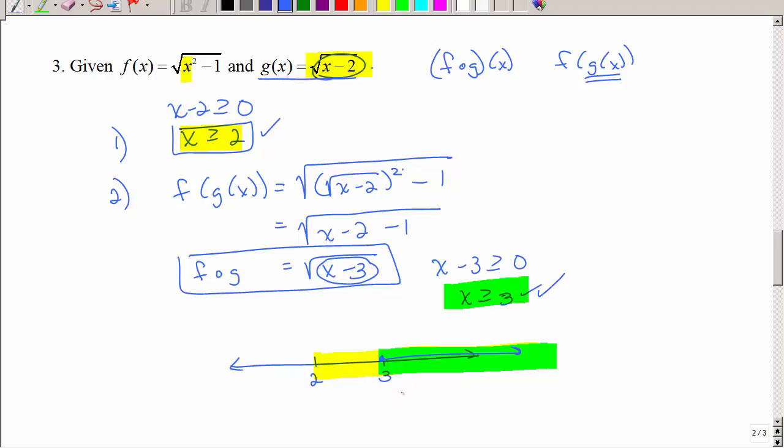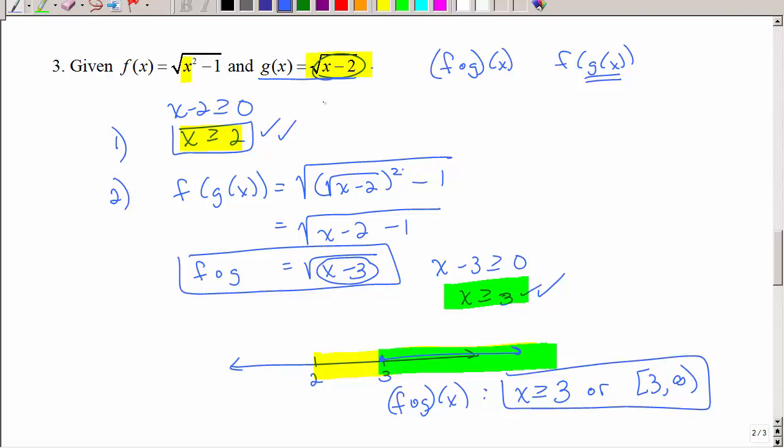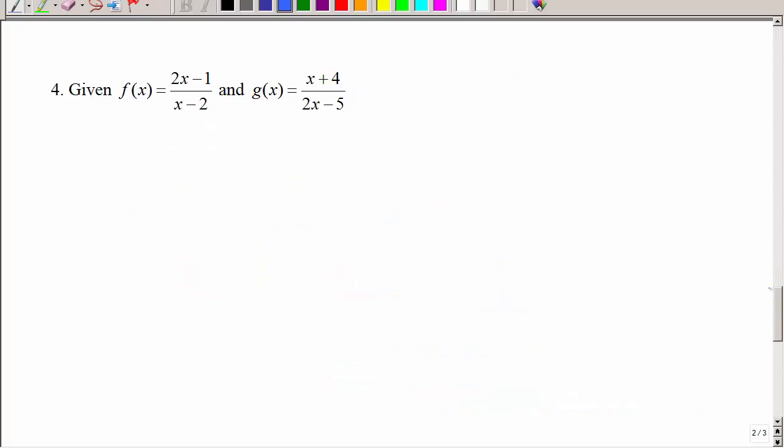So our final answer for the domain of f of g of x is x greater than or equal to 3, or in interval notation written like that. So yes, we had to take that into consideration. The intersection of those two is still x greater than or equal to positive 3. A little bit harder.